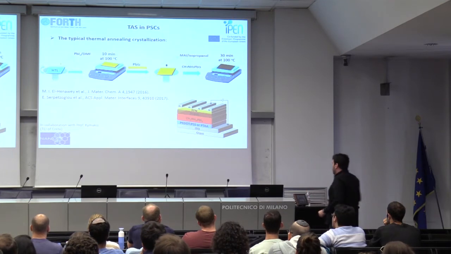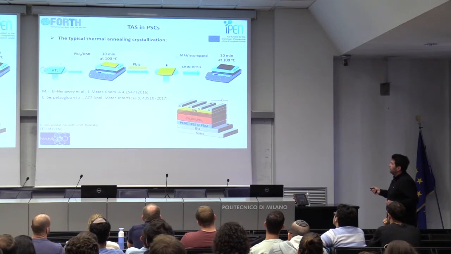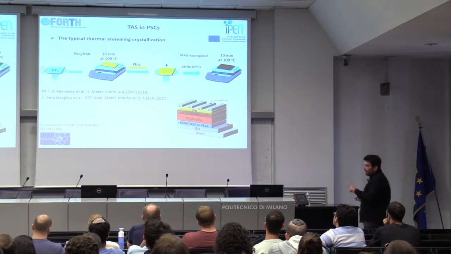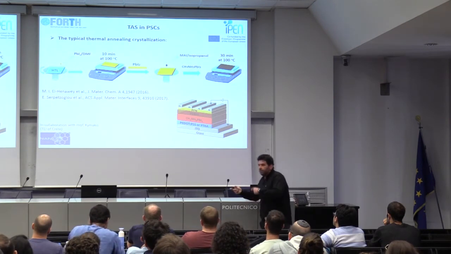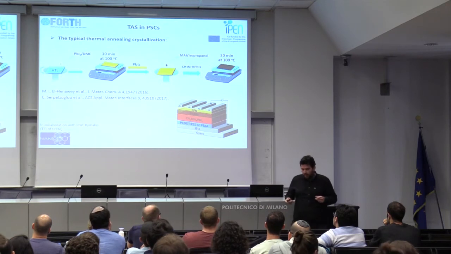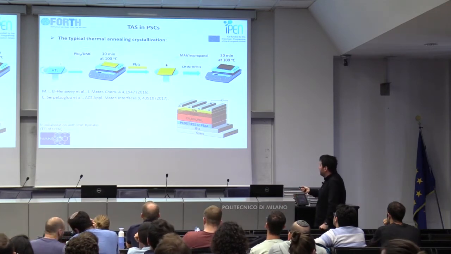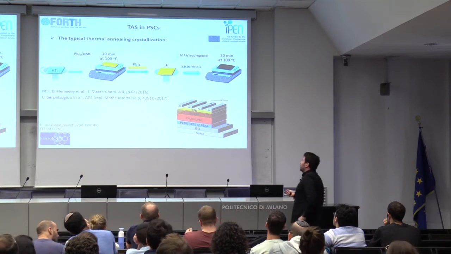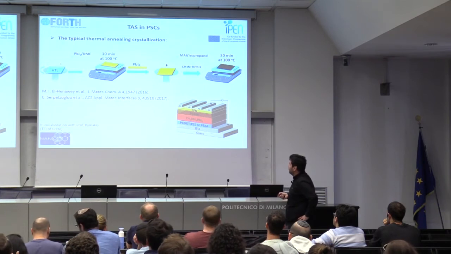And let me show you first how we make these devices. So the typical thermal annealing crystallization is shown here. And keep an eye on this, please, because then I will explain some difference when it comes to the laser-assisted crystallization. So in a typical thermal annealing crystallization, you first spin coat on top of the HTL polymer the lead iodide solution.